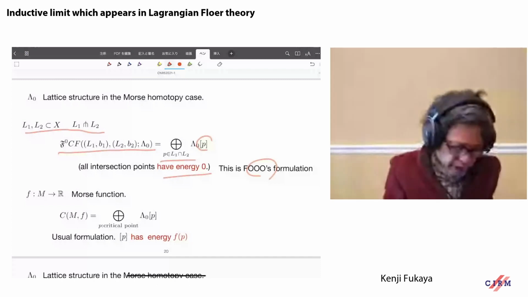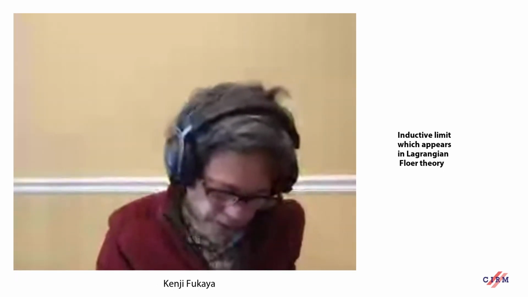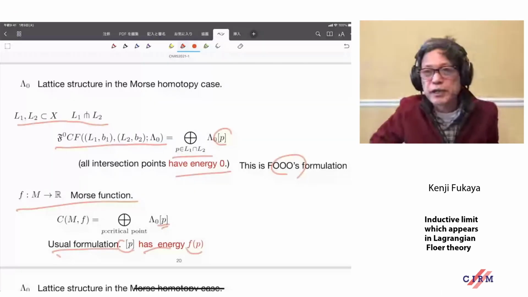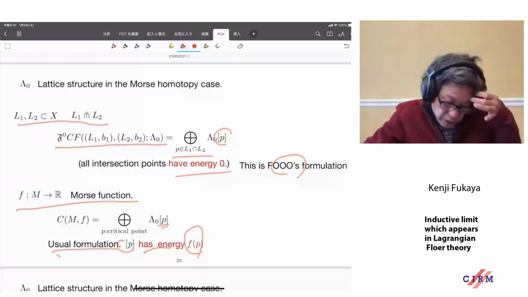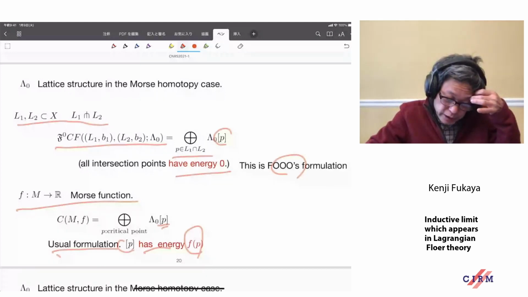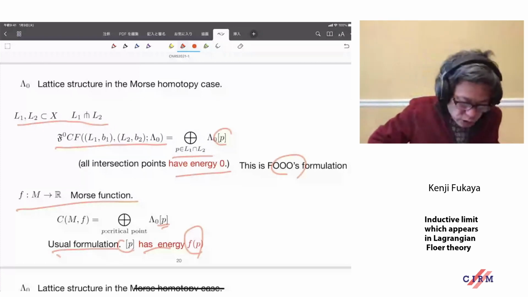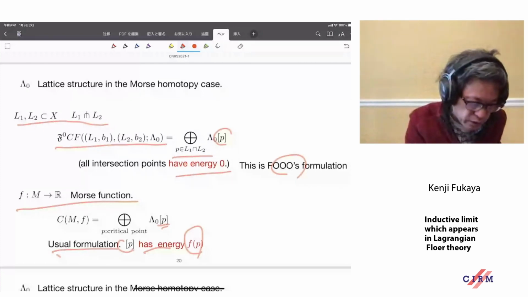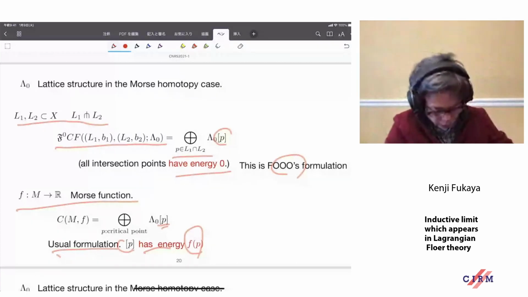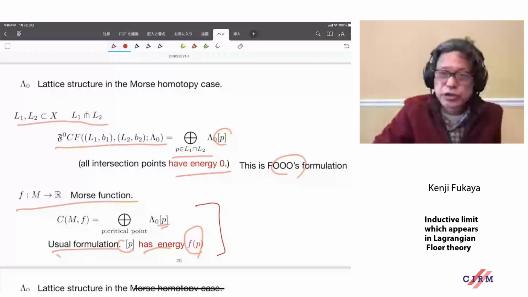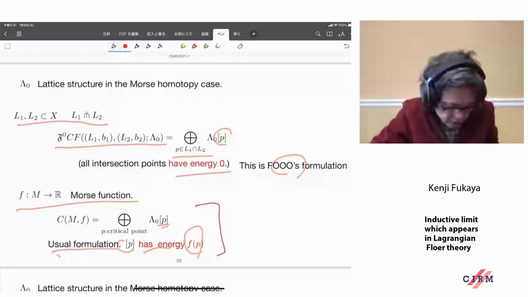But if you consider this Morse function, the usual convention of Morse homology is that this geometric generator has energy value of the Morse function at p. So those are two different conventions, and there are reasons that we take these two conventions. For example, homological algebra of infinity category works better if these generators have energy 0. But of course, the other convention has a very good reason, because this structure is very important.